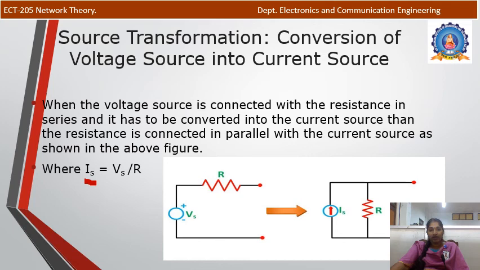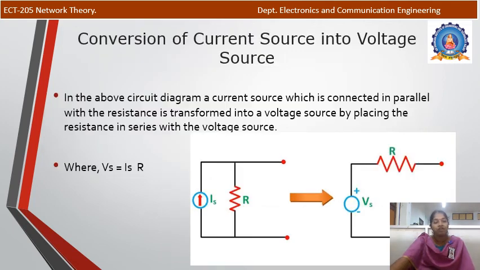Similarly, we can convert a current source to a voltage source. In that case, the parallel resistance of the current source will be converted to a series resistance, and the voltage value will be Vs is equal to Is into R. One thing you should keep in mind is that every voltage source has an internal resistance that comes in series, and a current source has a parallel resistance, right?